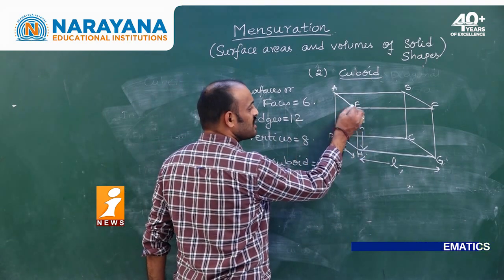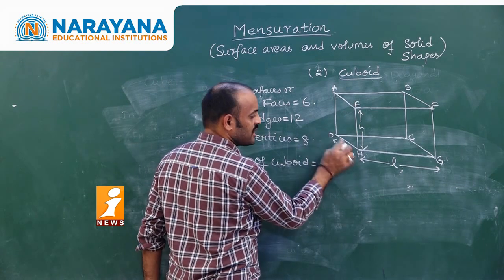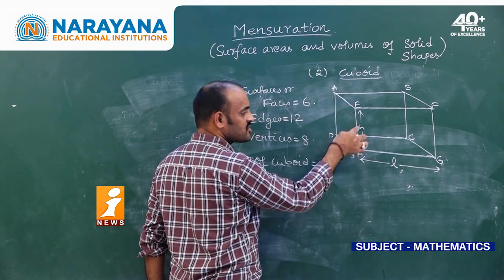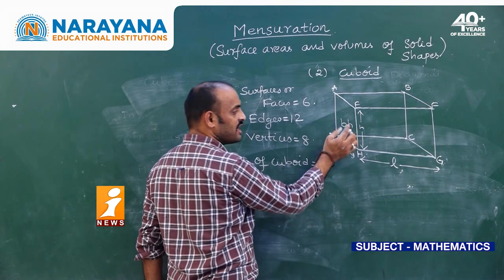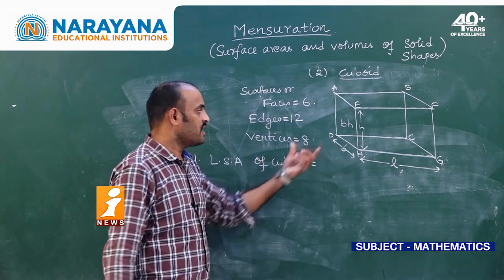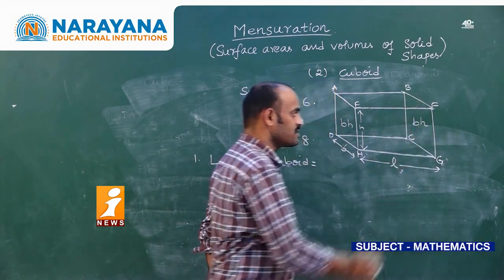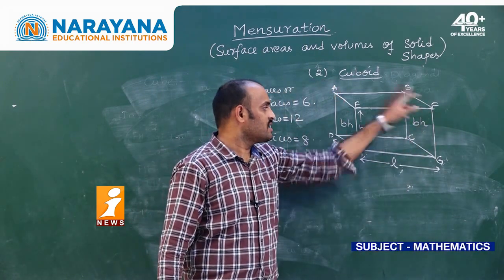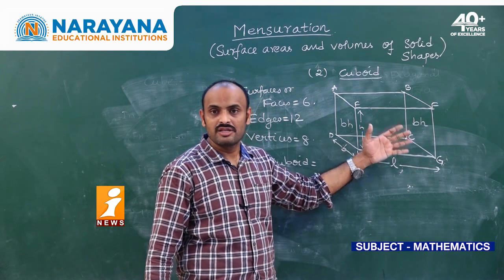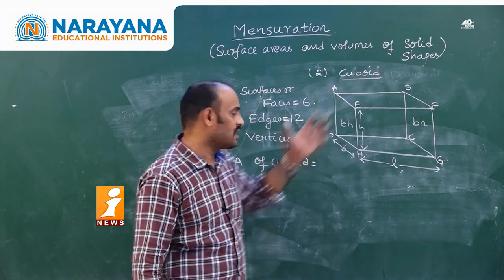So what is the left hand side area? Length is B, breadth is H. So B into H, BH. If the left hand side area is BH, even the right hand side area is going to be BH. If the front area is L into H, LH, the back area is also going to be LH.